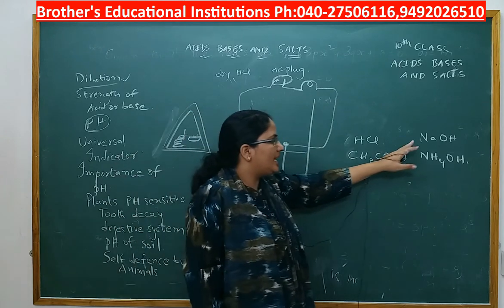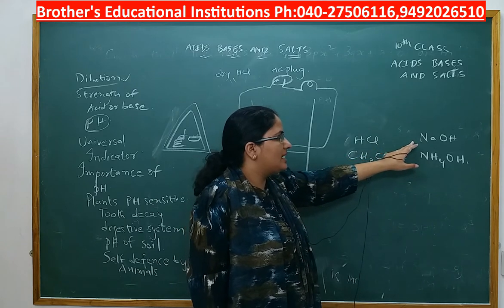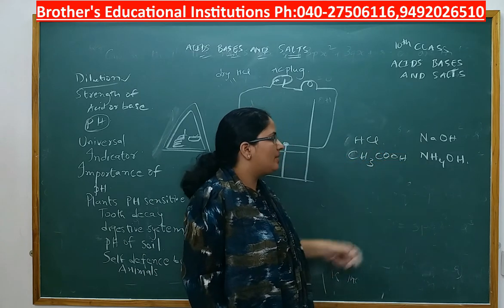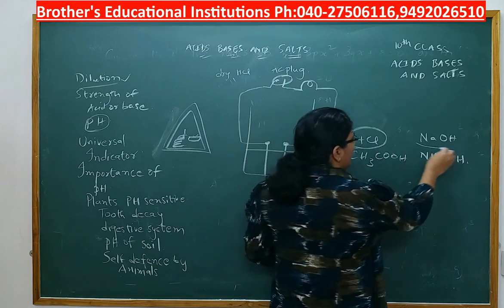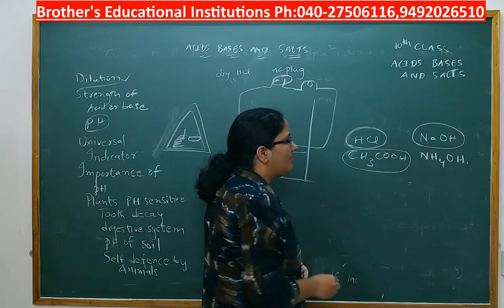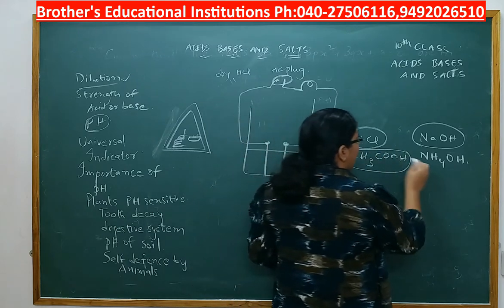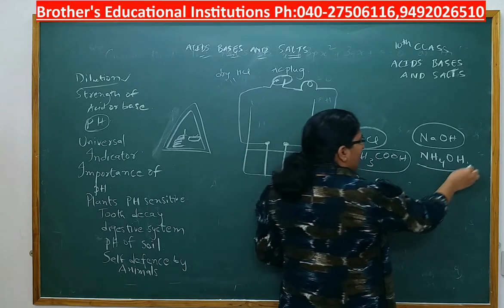Similarly, when taking NaOH and ammonium hydroxide, the bulb glows more brightly in case of NaOH. This is because HCl is a strong acid and NaOH is a strong base, whereas CH3COOH, acetic acid, is a weak acid and ammonium hydroxide is a weak base.